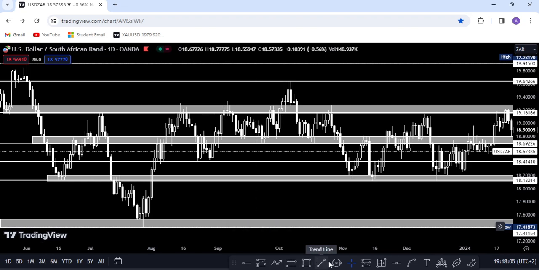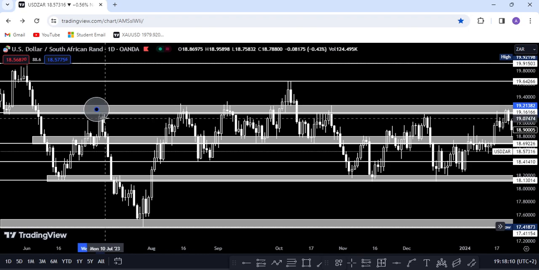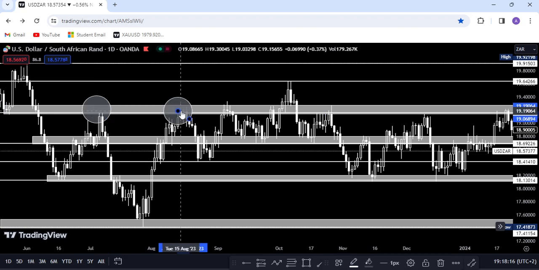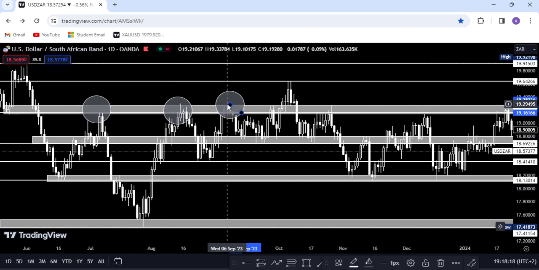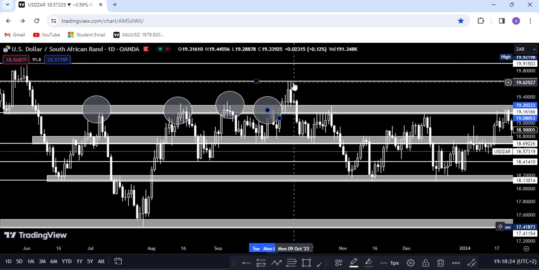Let me mark that level. Prices resisted here, and they also resisted here and here, and at first they resisted here, and then there was a freak breakout. However, price went back to these zones.